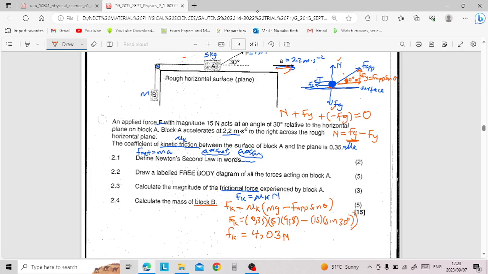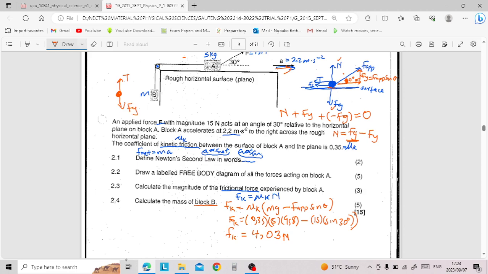So the first thing is to get the formula on block B. Block B has a free body diagram with a tension and F of gravity.